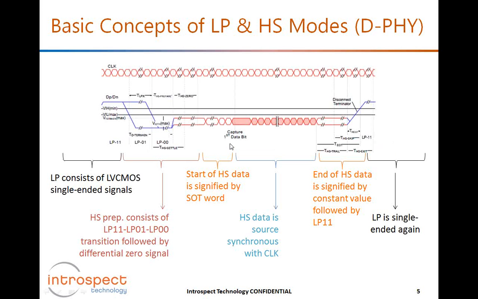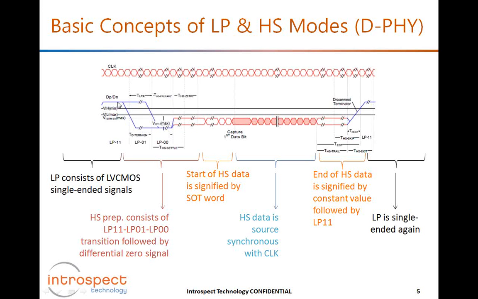To transition to the high-speed state, as you can expect, high-speed state often exists in differential data. So eventually high-speed transmission will be in differential plus minus data. But we need a specific transition event to help the receiver understand that high-speed data is about to be produced.